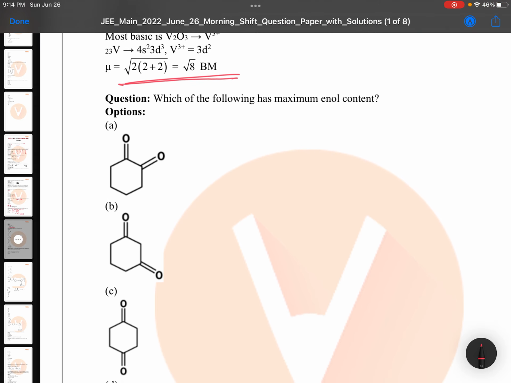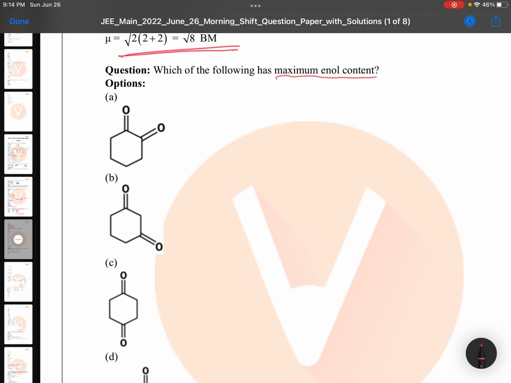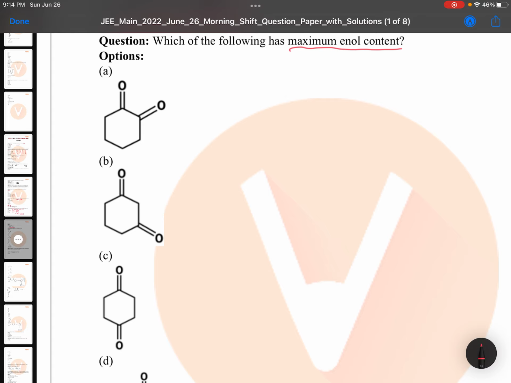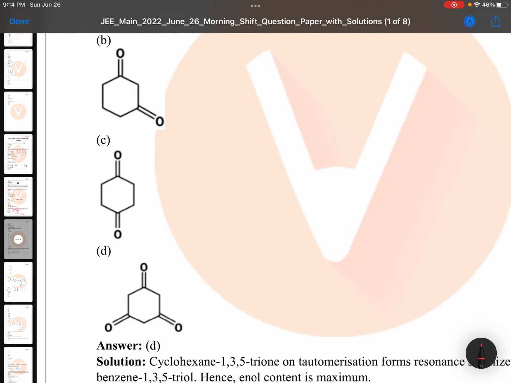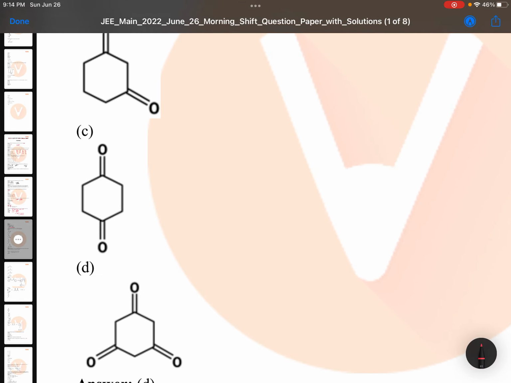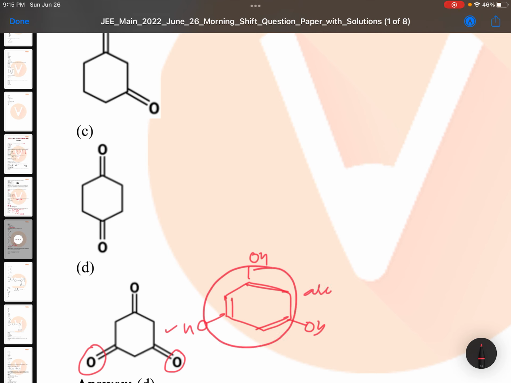Which of the following has maximum enol content? When you are discussing enol, your sir always gave this example. This one, because this part will become OH, this part will become OH, and this becomes aromatic. Maximum aromatic character, so the enol is stable here.